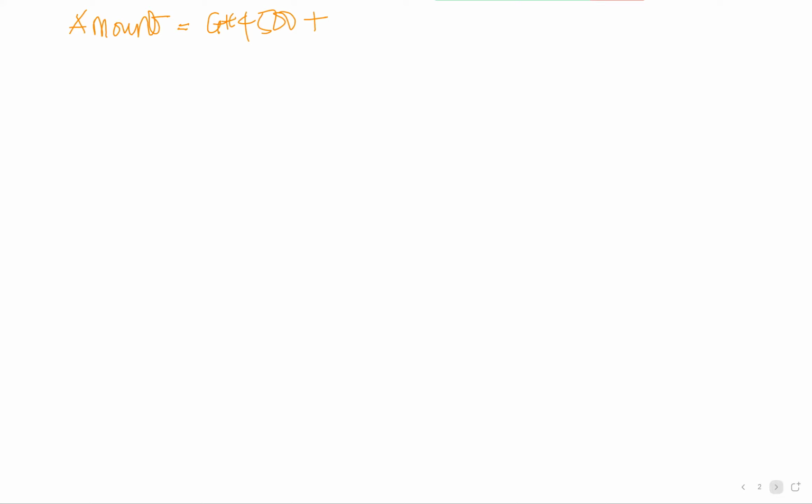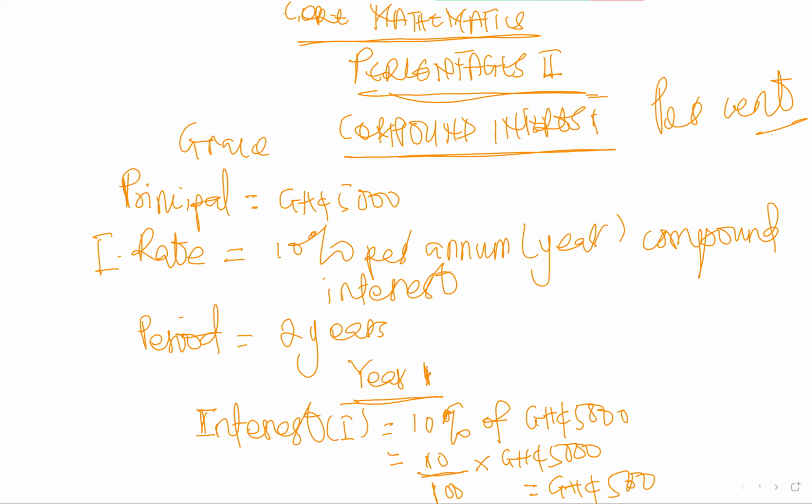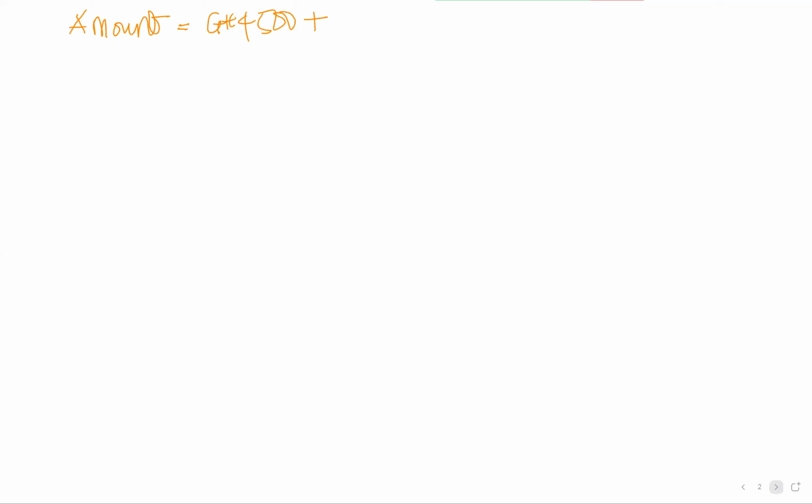What money did Grace bring to the bank, guys? If you care to know, I can go back. What money did she bring to the bank? 5,000. So the interest you made plus the money you brought to the bank.